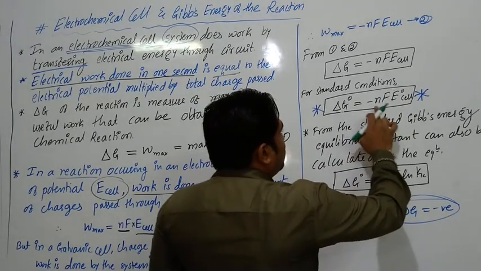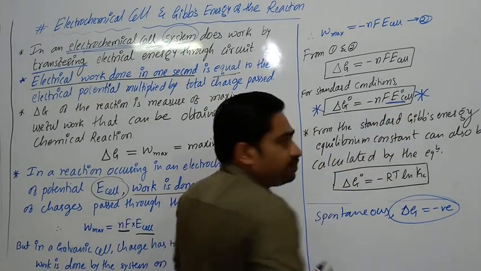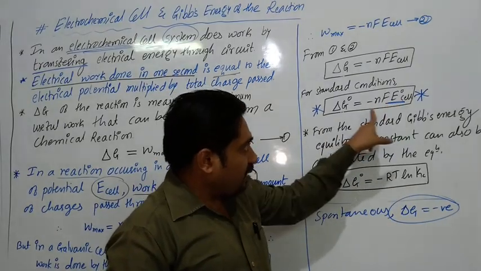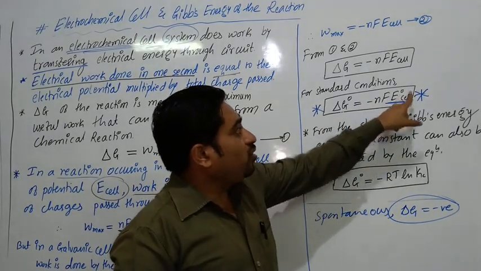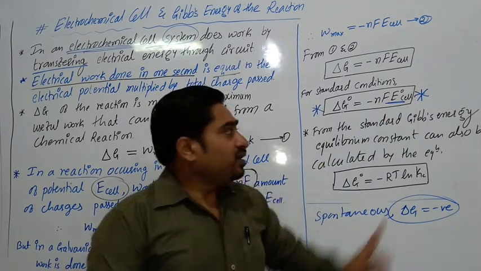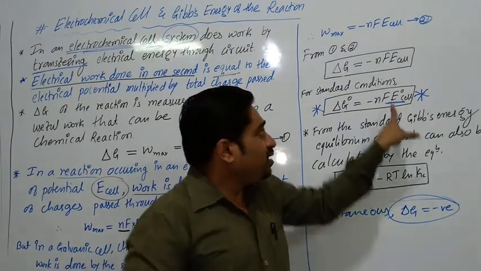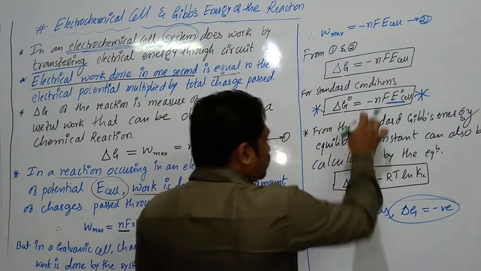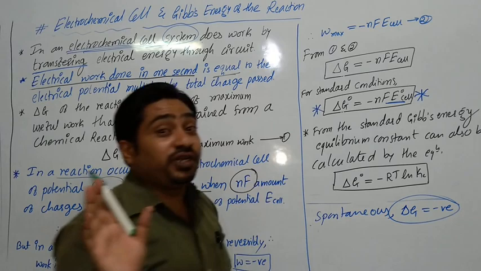This term becomes negative only when E naught cell is positive, because n is positive and F is positive. If E naught cell becomes negative, what happens? Negative into negative becomes positive. So delta G positive means the reaction is non-spontaneous.